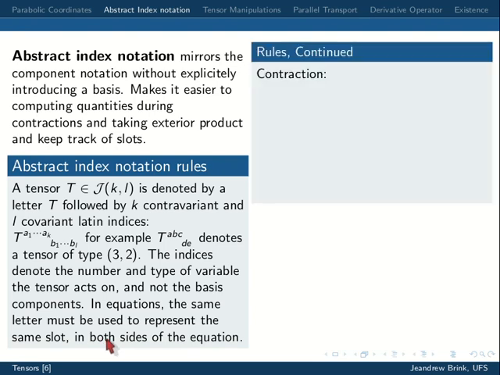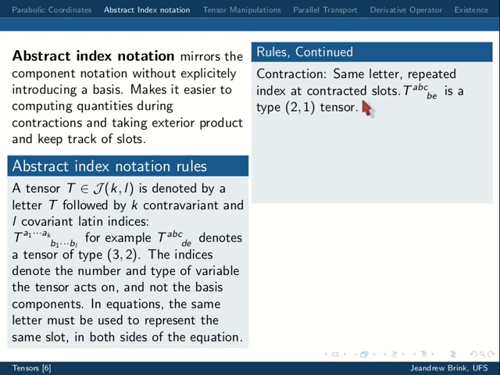So let's see how we actually write down contraction, because it's going to end up looking very similar to taking a trace. Suppose we have contraction: we're going to have the same letter, a repeated index, on contracted slots. So, for example, if we have this expression, we've contracted B and B, so we simply summed over those slots.